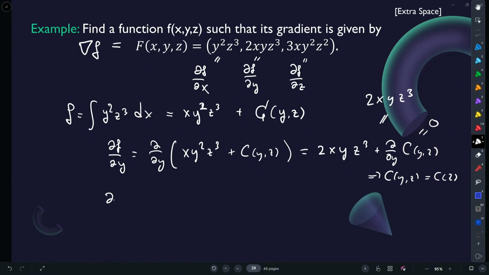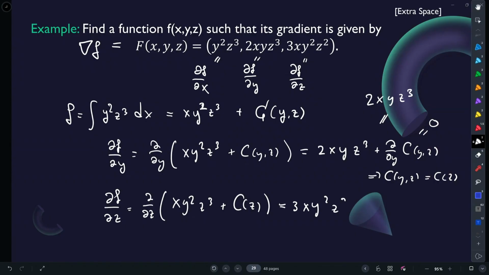But now if I do again the same process with respect to the z variable, then what I get is 3xy squared z squared plus the derivative of that function. And this has to be equal to this component, but that is exactly what I already have.